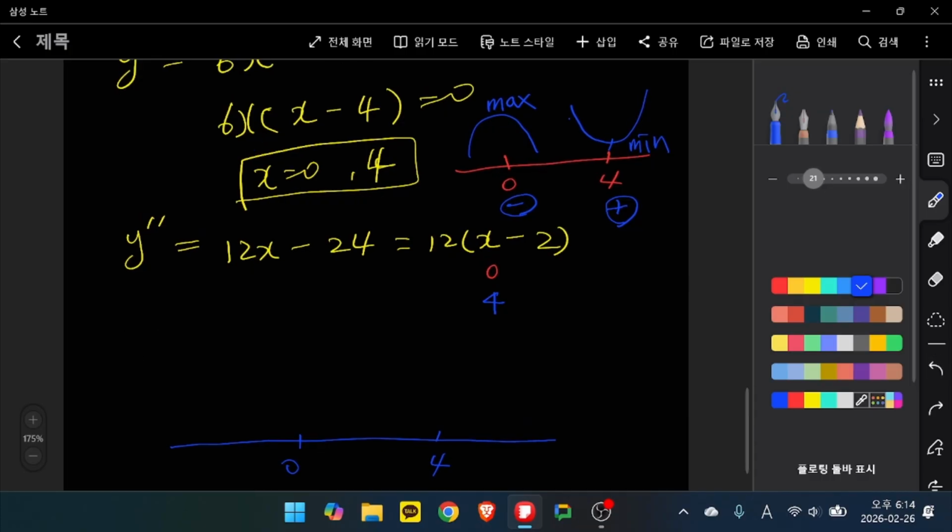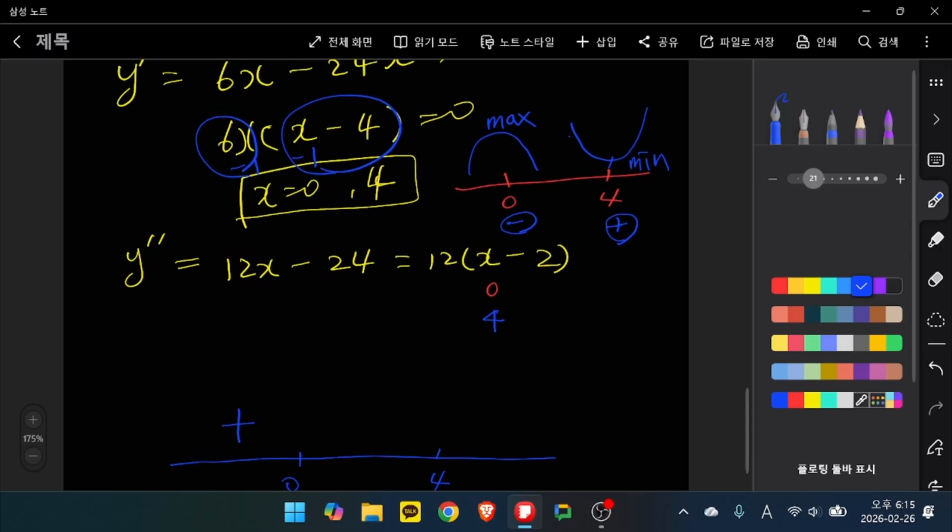If I plug in a negative number, like -1, to the first derivative, a negative and a negative makes a positive. So it means the critical point is making a max or minimum.